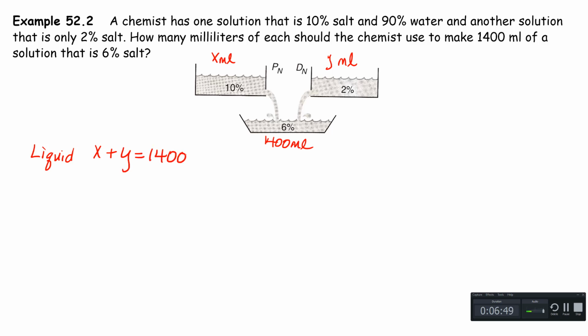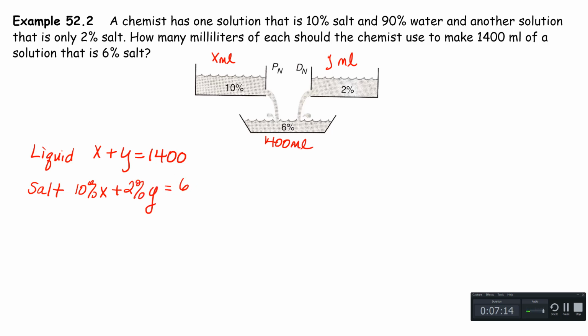Just 1,400 milliliters of stuff being poured from two containers into the third container. That's it. Now we're going to write an equation about the salt. We know that these X milliliters are 10% salt, so that's 10% of X is salt. 2% of Y, those milliliters, is salt.